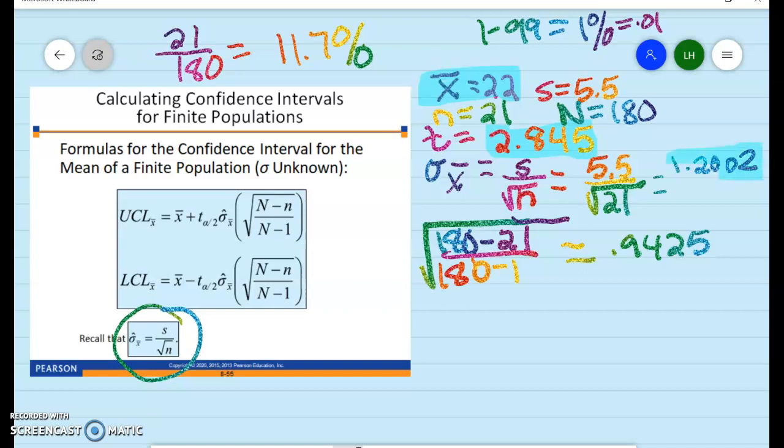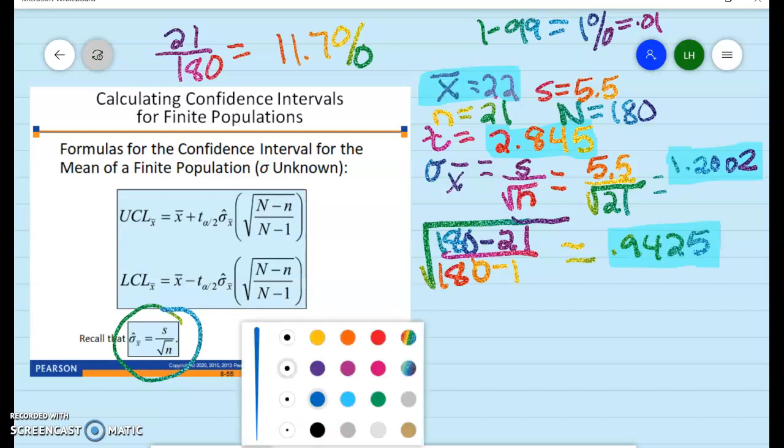So now I have everything that I need to plug in to my formula. I'm going to just highlight everything I need. That way it's easy to see. And down here, I'm going to plug it into my formula.